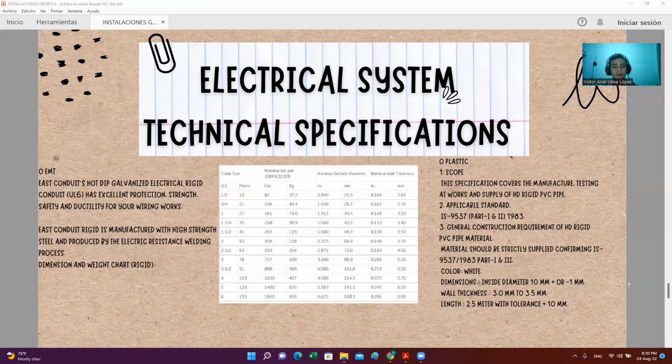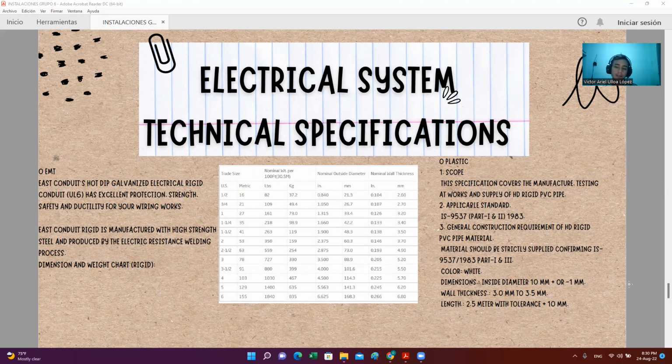Then the technical specifications for conduits: galvanized electrical rigid conduit has excellent protection, strength, and ductility, made with high strength steel and produced by an electric resistance welding process.